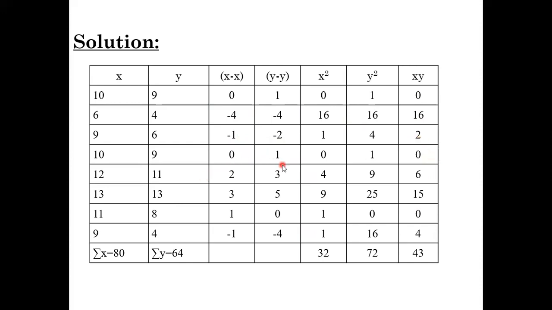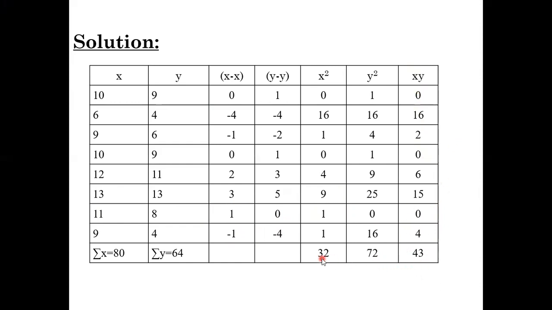Then 0 into 1 is 0, 2 into 3 is 6, 3 into 5 is 15, 1 into 0 is 0, and minus 1 into minus 4 gives plus 4. Got it, students? So this is sigma xy, and the total of sigma xy comes to 43.